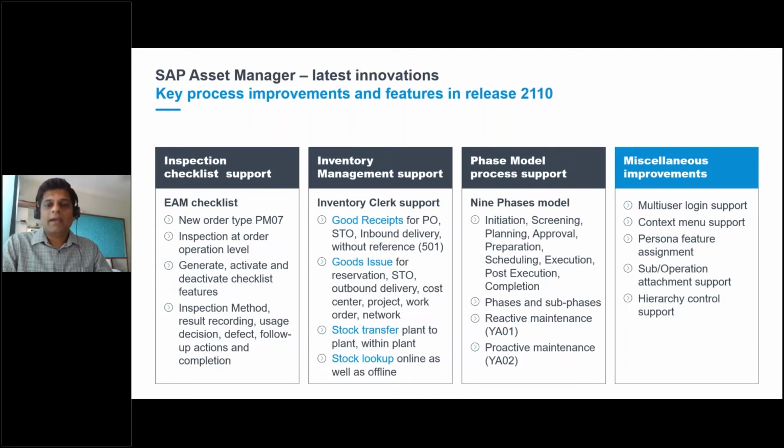But on top of that, every customer has their own individualized process where they follow planning or scheduling phases, or even sometimes approval or pre- or post-work, right? And that process every customer has designed based on user status or some other means in their personalized way. With the SAP Asset Manager 9-phase model, SAP has now come up with a standardized process where these nine phases define the end-to-end life cycle of your maintenance work, which would take precedence over your system status and user status.